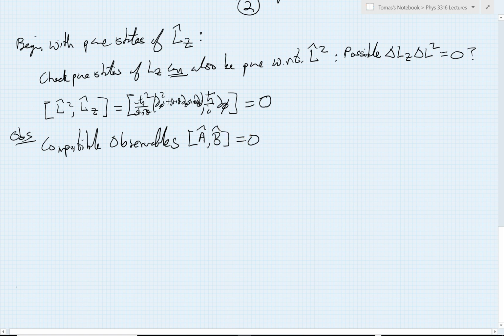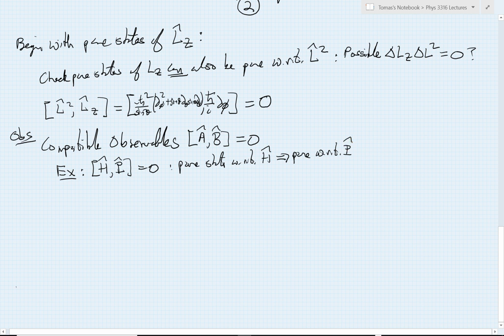We've seen an example of this in the past, where you may recall we found that the Hamiltonian operator commuted with the parity operator. And because that was 0, that told us that any pure state with respect to H, the Hamiltonian, had to be, because of this commutation relation, pure with respect to the parity operator.